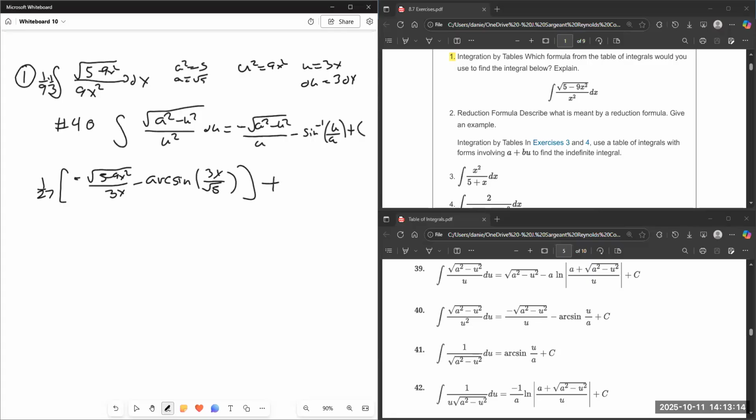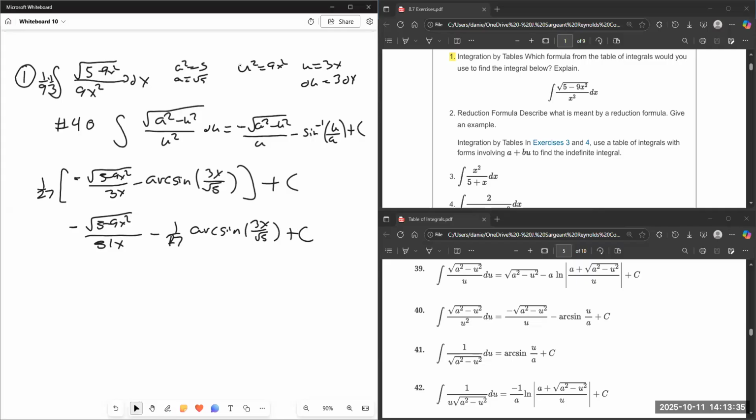And then we would have plus c, and I would probably bring that 1/27 in to make this negative root 5 minus 9x squared over 81x minus 1/27 arc sine of 3x over root 5 plus c.